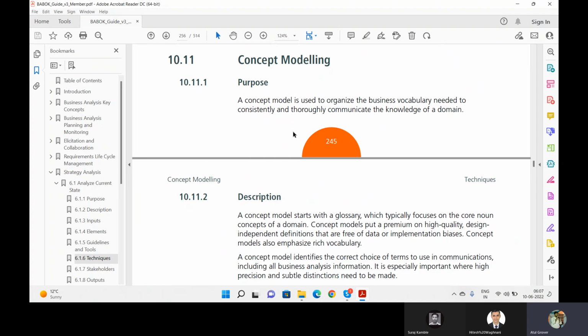If we are working as a business analyst, definitely you have to speak with multiple stakeholders. Sometimes on functional terms, sometimes on technical terms, sometimes on business terms. But the problem arises when the word I'm using is not the right word in that particular context, in that particular sentence.